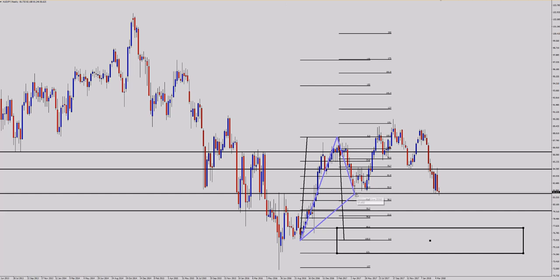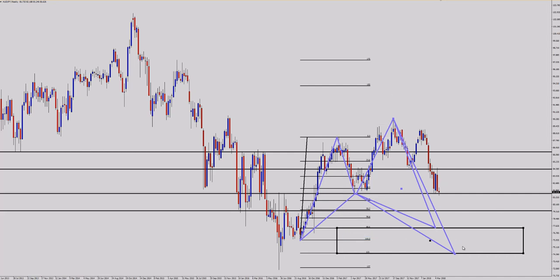Measure this swing low, come up here to this swing high, and we come down into an 886. And then, of course, for illustration purposes, we can just move this out like that, and you can see this is the buy zone in here. That's what I'm looking for in that area.